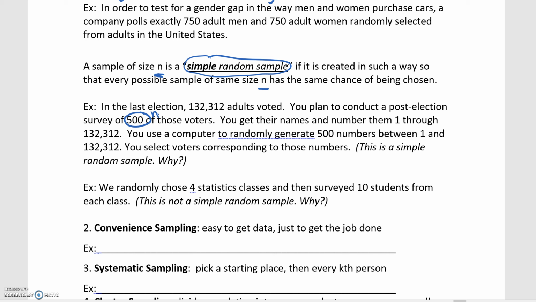You use a computer to randomly generate 500 numbers between 1 and 132,312. You select voters corresponding to those numbers. So this is a simple random sample. Every group of 500 has the same chance of being chosen.